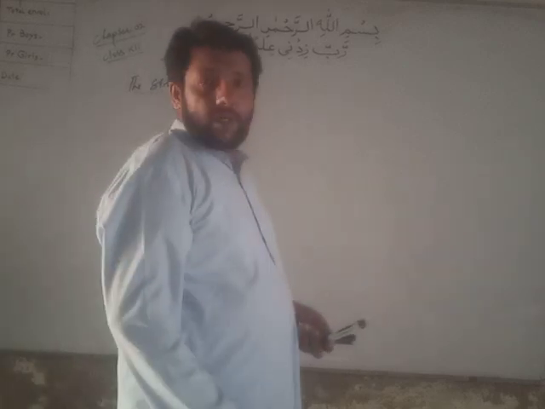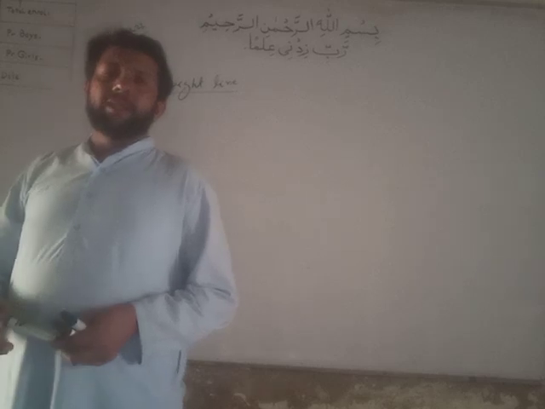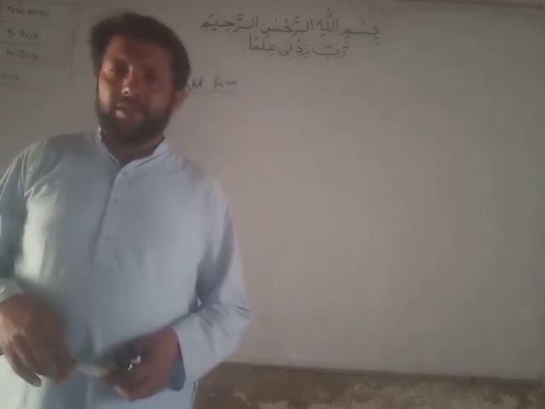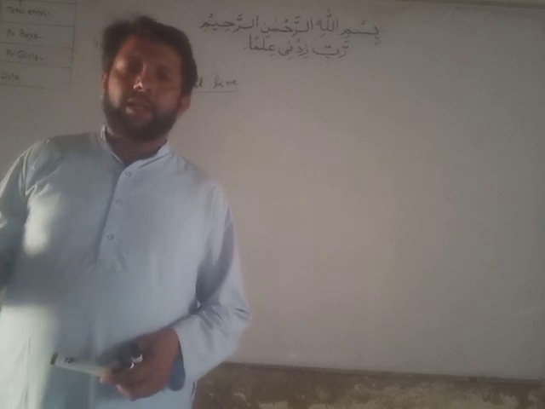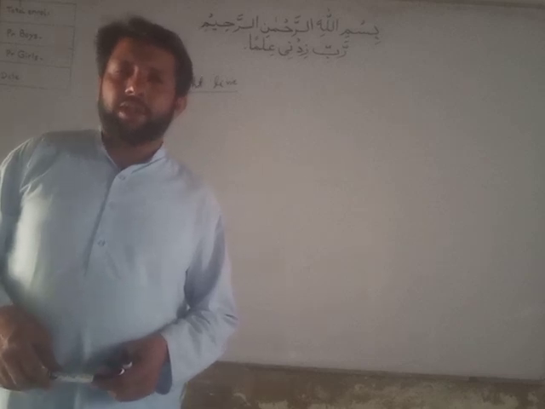We are discussing here all the definitions and formulas of the straight line. After that, the new chapter, the third chapter, will be the general equation of straight line. Today, second chapter, the straight line.